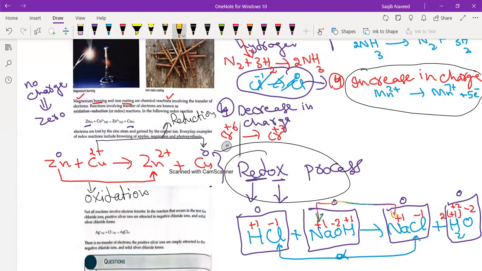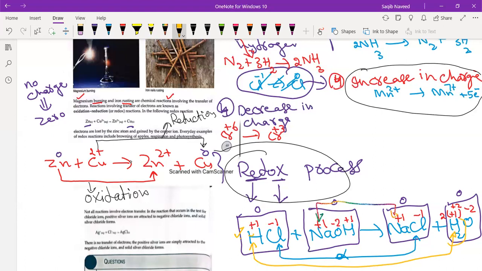And look at this on hydrogen. Do you observe any change in charge on hydrogen? The answer would be no. Because on the left side, the reactant side, in HCl, one hydrogen has +1 charge. In the product side, 2 hydrogen has +2 charge.